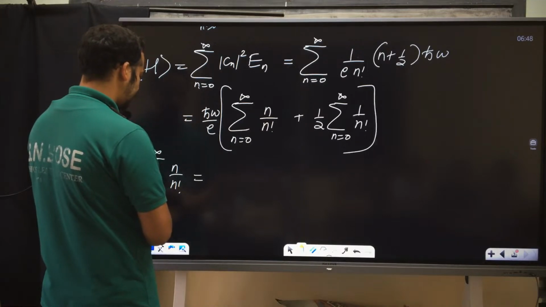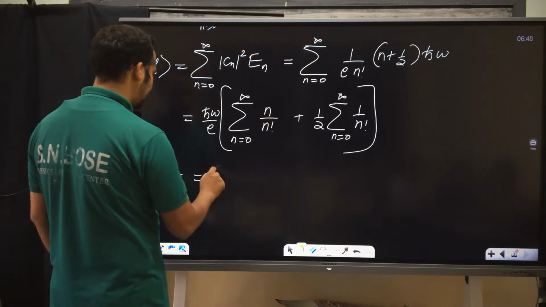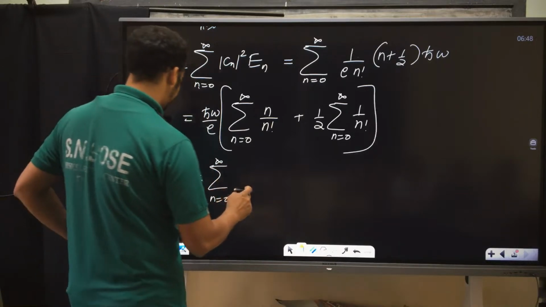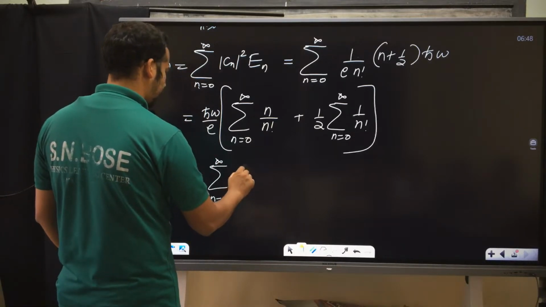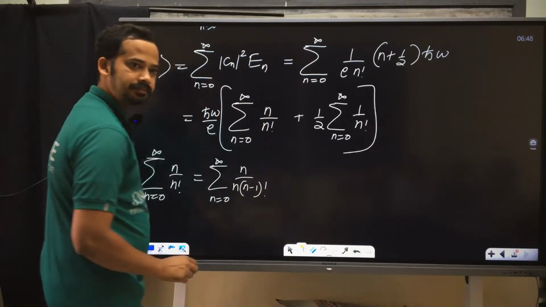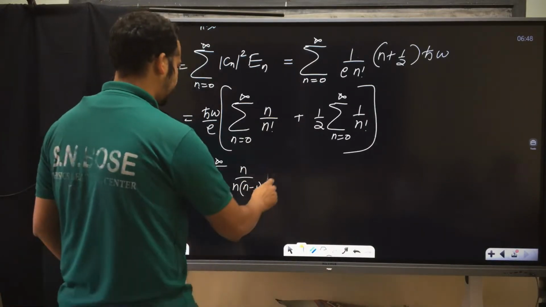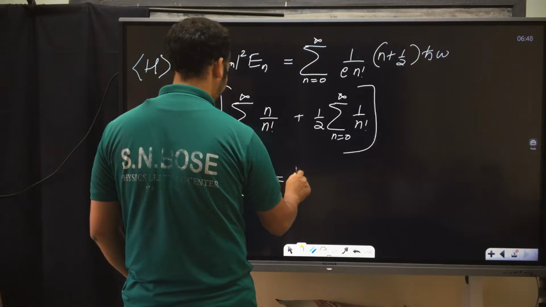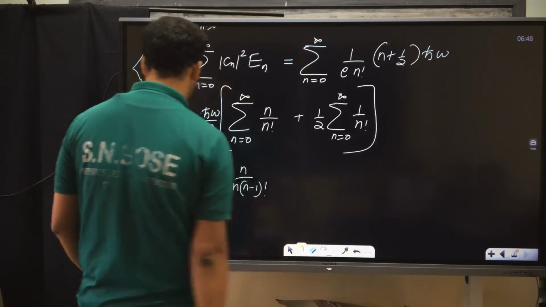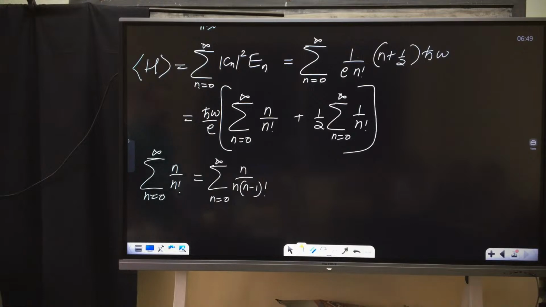Suppose n equal to 0 to infinity, n divided by n into (n minus 1) factorial. Speak up. What is this one? In this one, the first term is of no use actually.